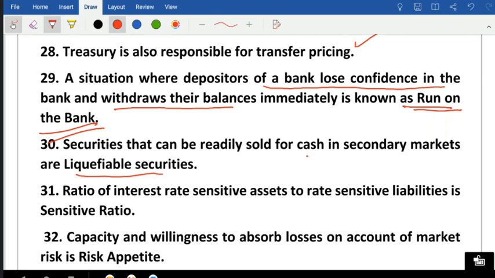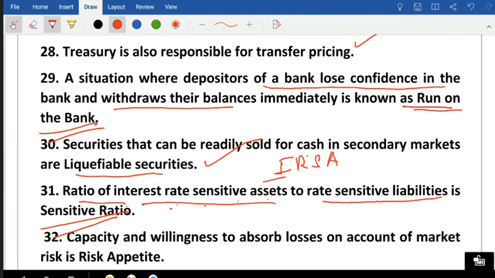The ratio of interest rate sensitive assets to interest rate sensitive liabilities, IRSA to IRSL, is known as the sensitivity ratio.